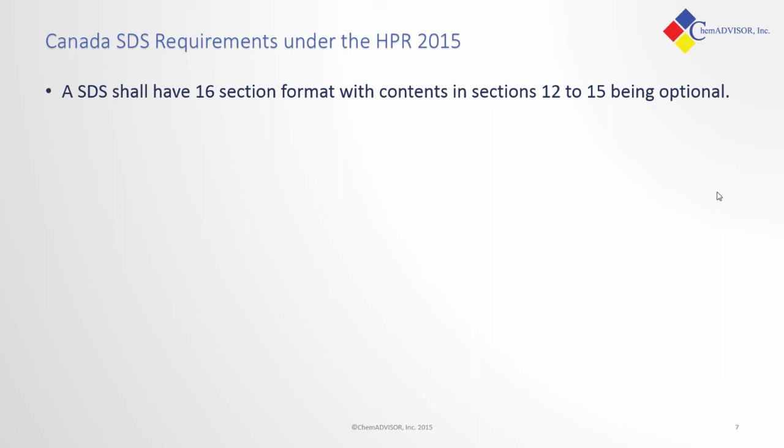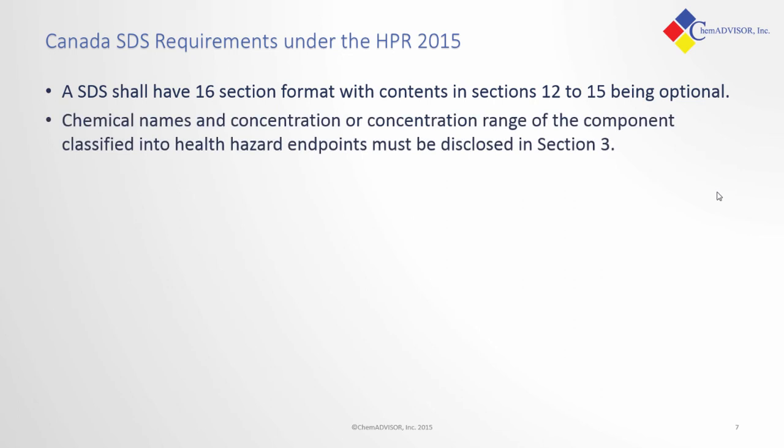So let's talk about the safety data sheet. Of course, U.S. and Canada are in alignment here in both requiring a 16-section format, and they are in alignment by saying that the contents in sections 12 to 15 are considered optional. Section headings must remain, but the content is optional. So there's nothing in the regulations or any guidance documents that would give you any direction on what to put there.